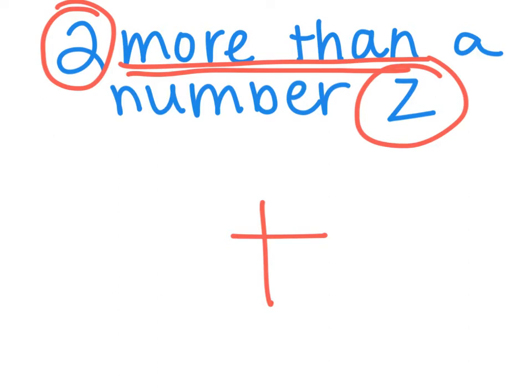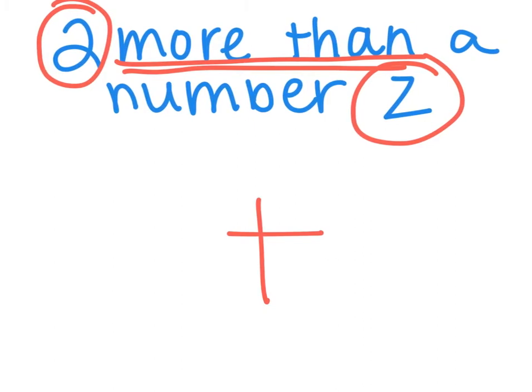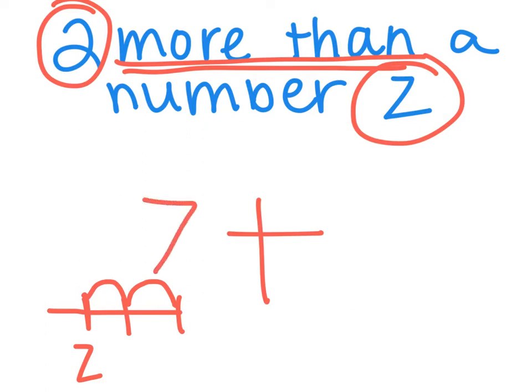I have 2 more than a number z. So what that means is that I have this z, and I'm going to draw you a picture, like here's my number line, here's z on the number line, whatever z is, and I have 2 more than that, so I'm going to go over 2 spaces on this imaginary number line. So really, I'm starting with z and then adding 2 onto that.